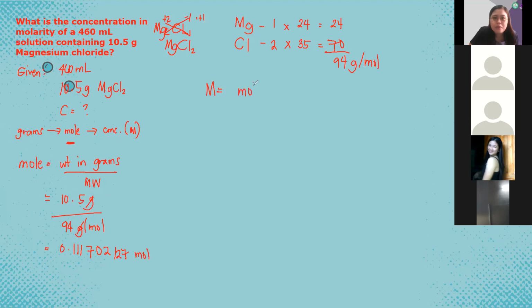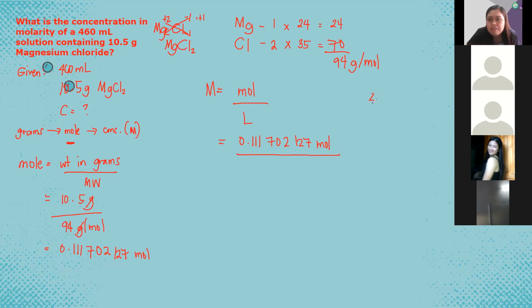Molarity is equal to moles of our solute divided by liters of our solution. So moles here, again, computed natin is 0.111702127 moles divided by the liter of solution. The given is 460 ml.